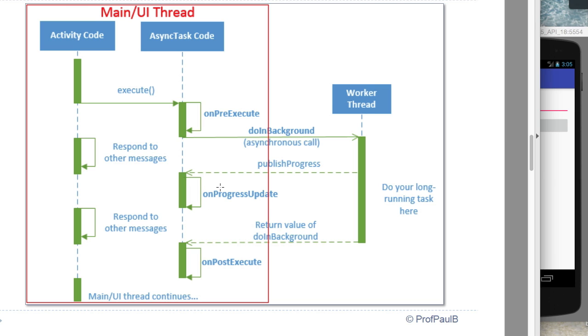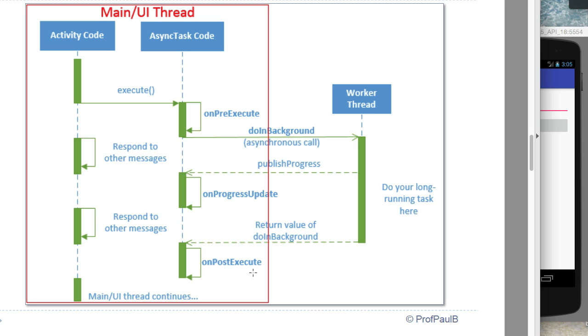Because it's on the UI thread, we can update the UI, and then we can continue our task. We can call this publishProgress as often as we need. However, once the doInBackground method is finished running, the return value of doInBackground goes back and returns to the onPostExecute, which is on the UI thread.